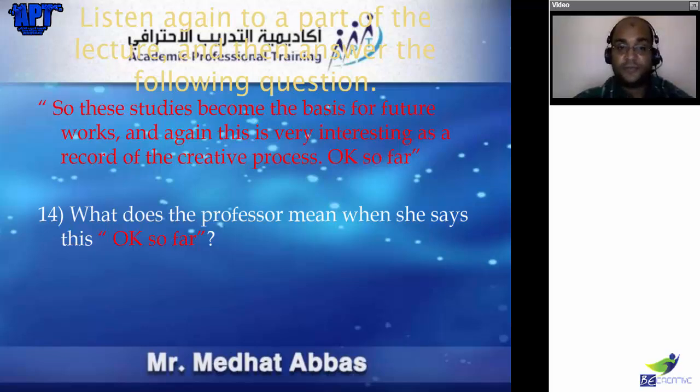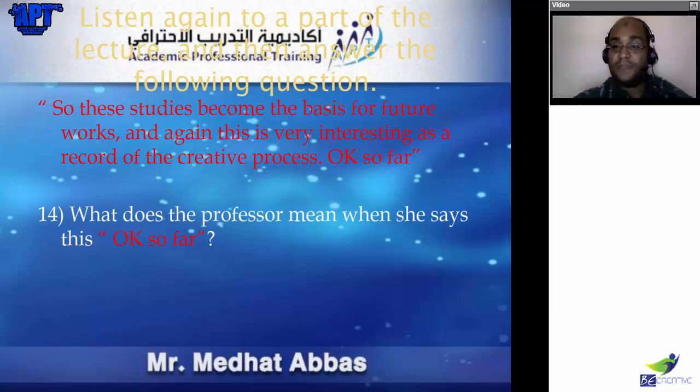Listen again to the part of the lecture and decide whether the lecturer says the following question. So these studies become the basis for future works, and again, this is very interesting as a record of the creative process. Okay, so far? So why does a professor say, okay, so far?